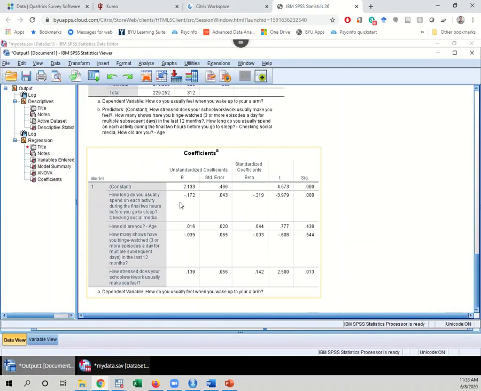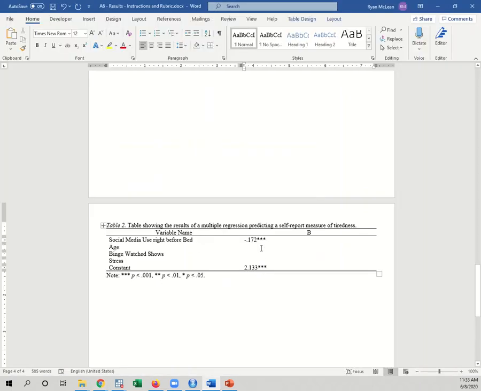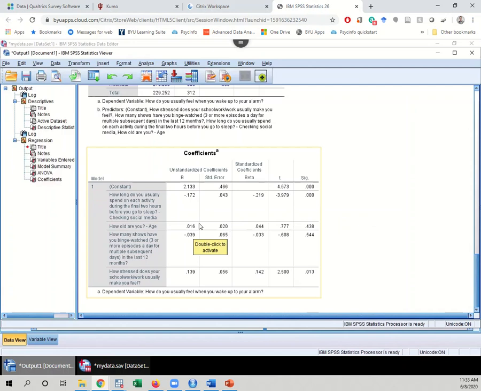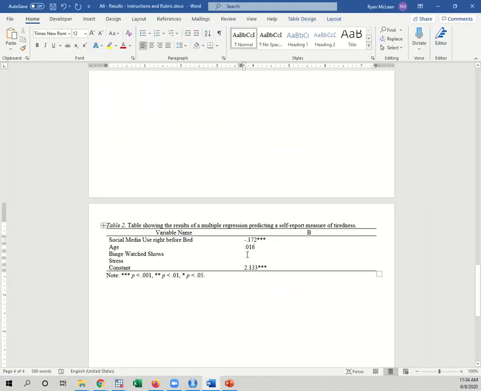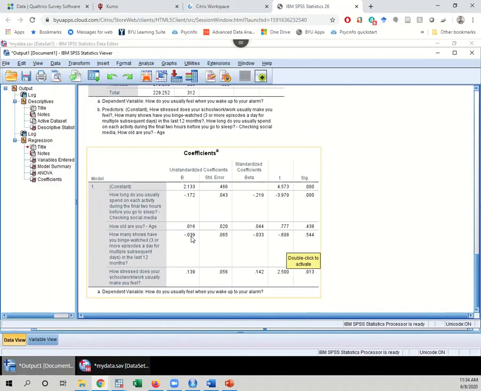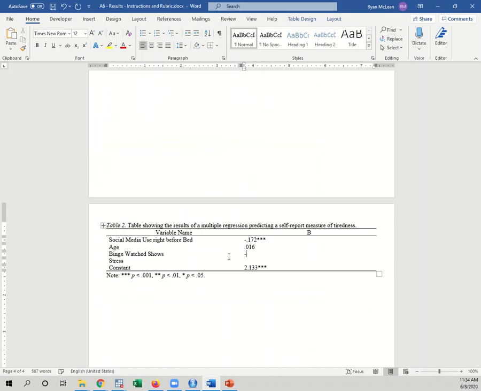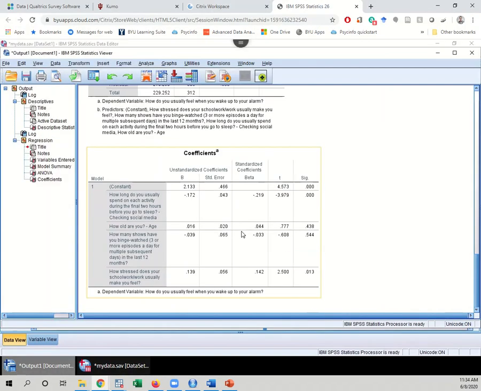Okay. Then I go and find age, 0.016. And the significance value is 0.438. So I'm not going to do any stars. Binge watched shows is negative 0.039. And there are no stars here.